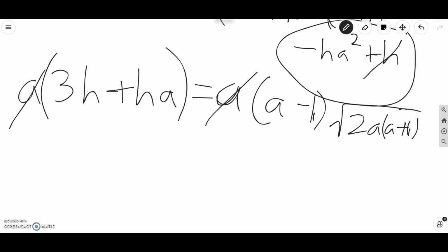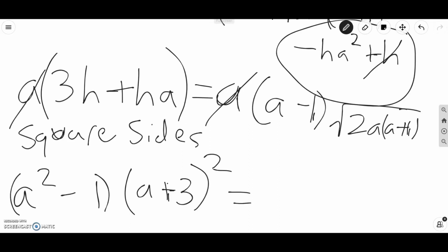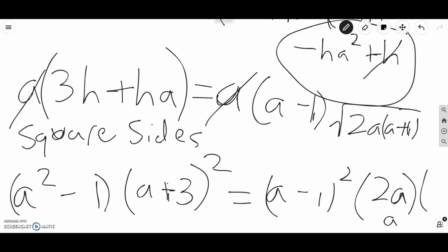So now we square both sides. On this side, what we're going to get is a squared minus 1, that's the h squared portion, times a plus 3 squared equals a minus 1 squared times 2a times a plus 1.